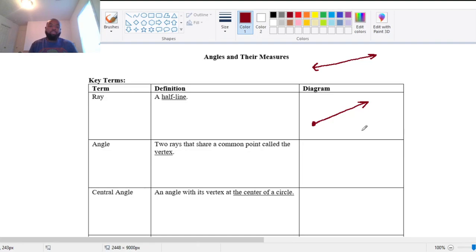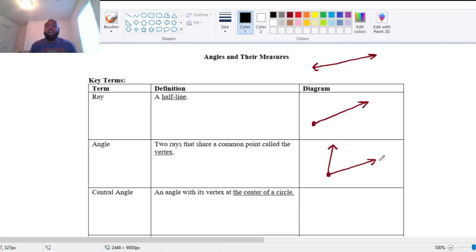A ray is important because an angle consists of two rays that share a common point, and that common point is called the vertex. And so an angle would be an example that looks like this. Now, with an angle, we usually notate the rotation from one ray to the next.